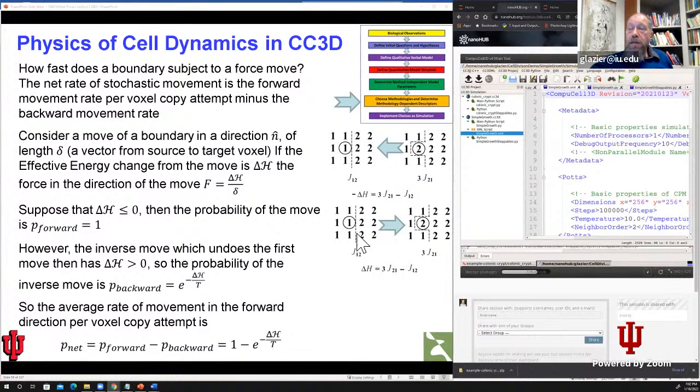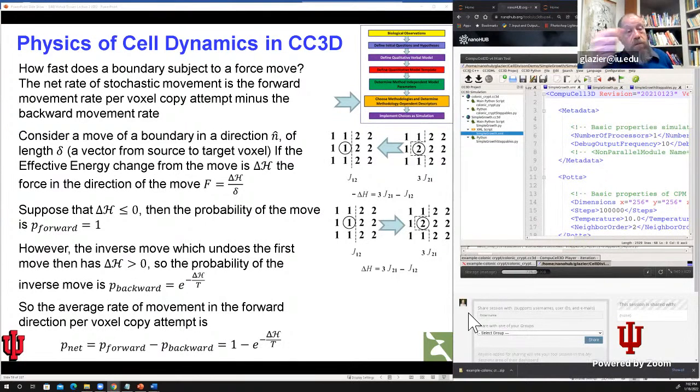I then calculate the probability that at the next time step, I undo the thing that I just did. So I imagine a boundary moving forward and then moving backward. In one case, because they're symmetrical, the energy of one is minus the energy of the other.